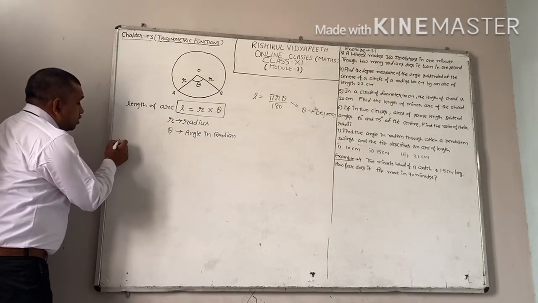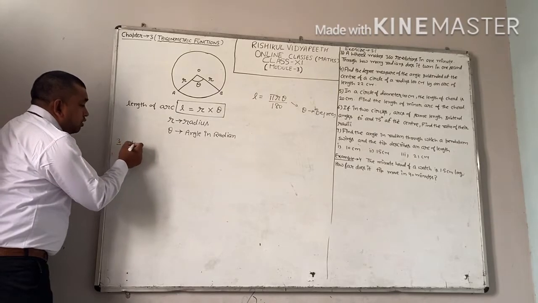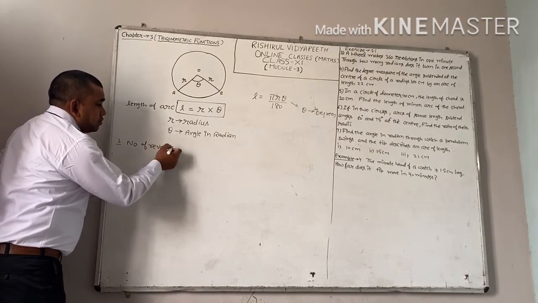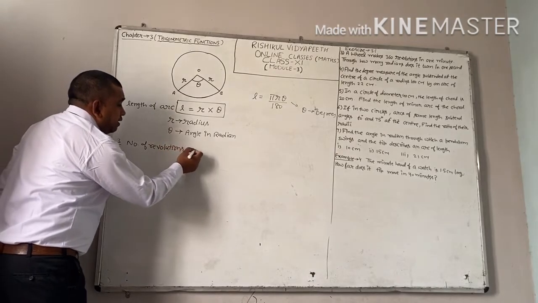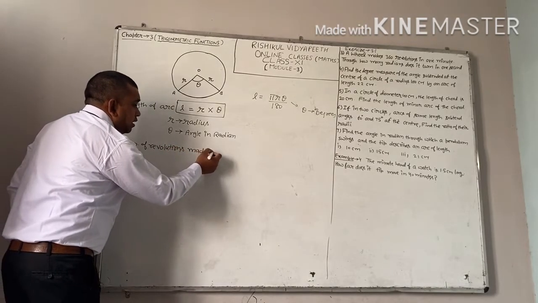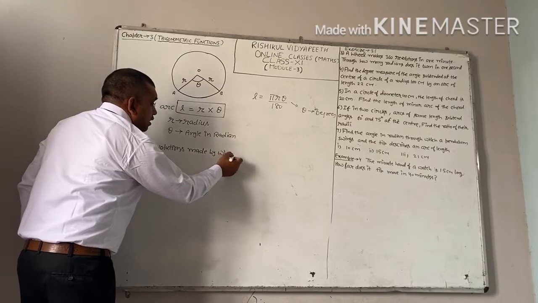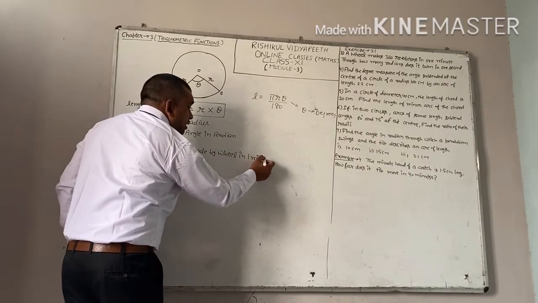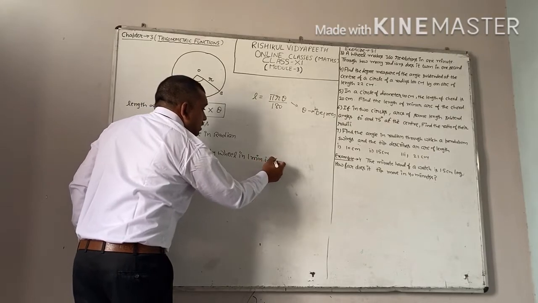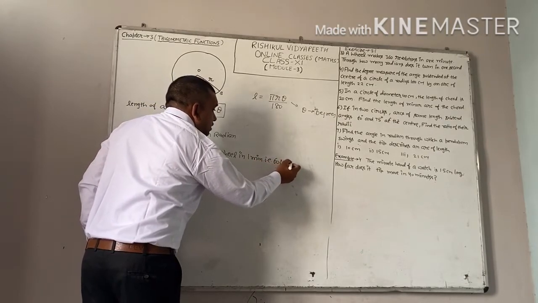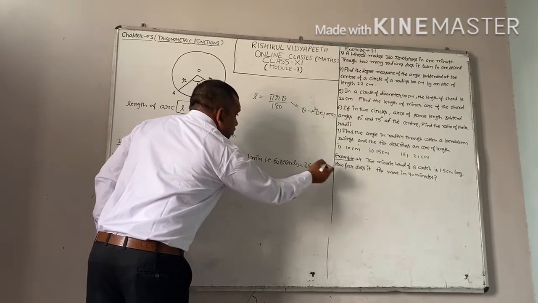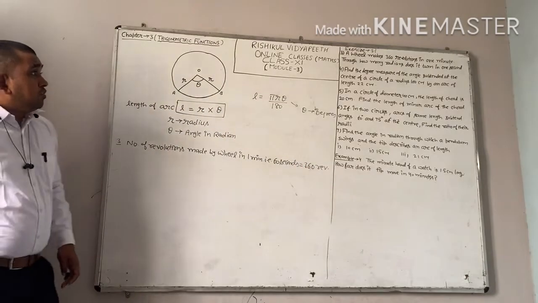Means what is given to you? Number of revolutions made by the wheel in 1 minute. 1 minute equals how many seconds? That is 60 seconds. That is equal to 360 revolutions. Now what do you have to find out?